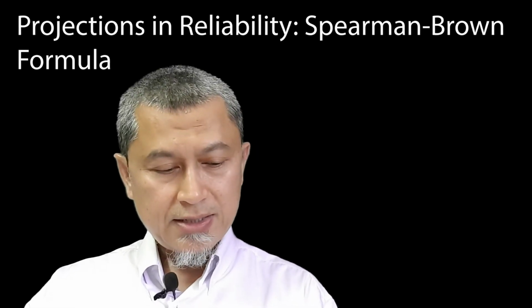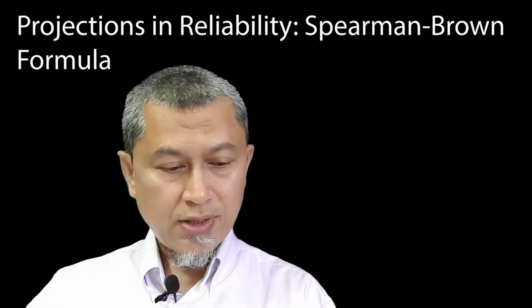formula. This is nice to know, and it is used if you have an assessment which produces such and such reliability, then how many items do you need to add to attain such and such reliability.